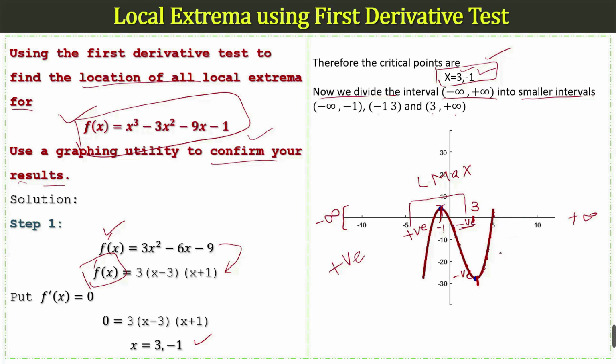So we can see that the derivative of the function changes sign from negative to positive. So the function has a local minimum in this case.